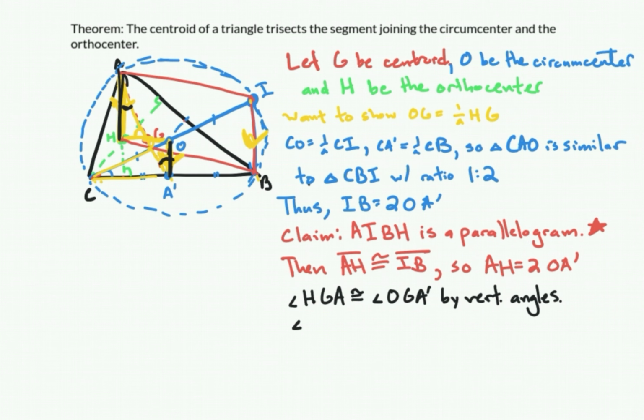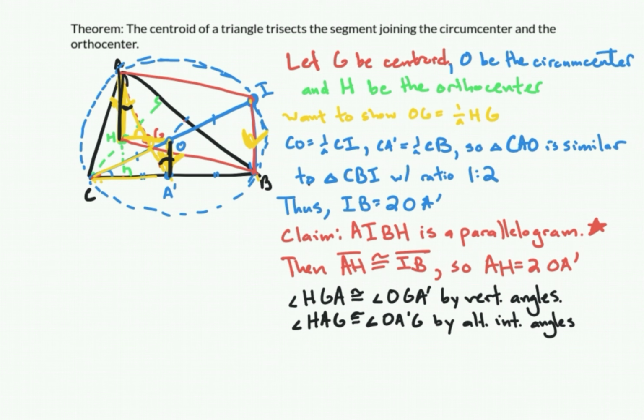So angle HAG is congruent to angle HAG prime G by alternate interior angles, which is a Euclidean theorem that we have not proven, but I'm trusting that that's a familiar enough one that we're allowed to use it.